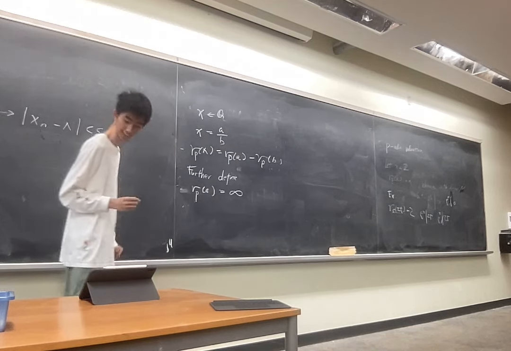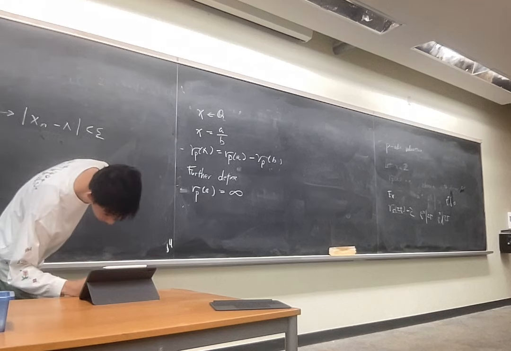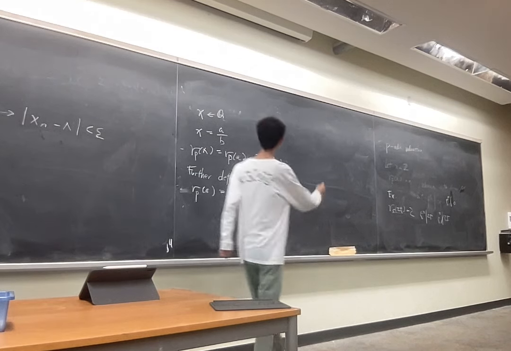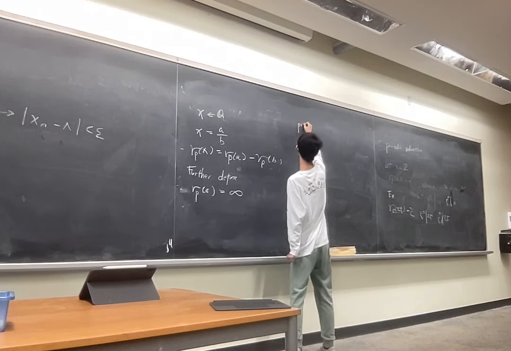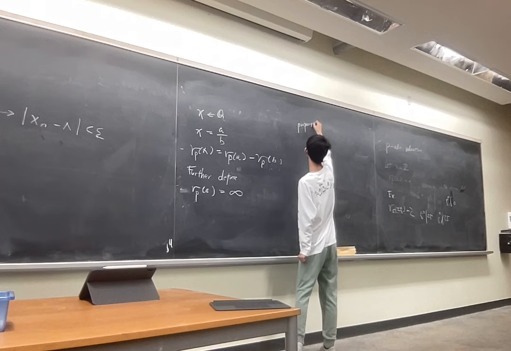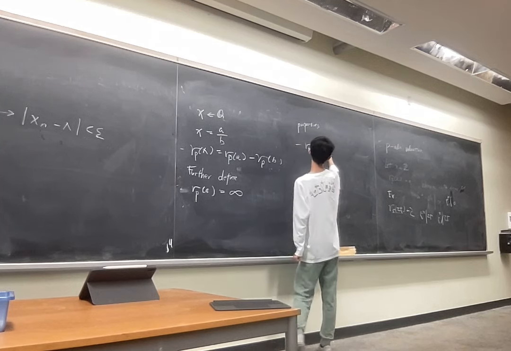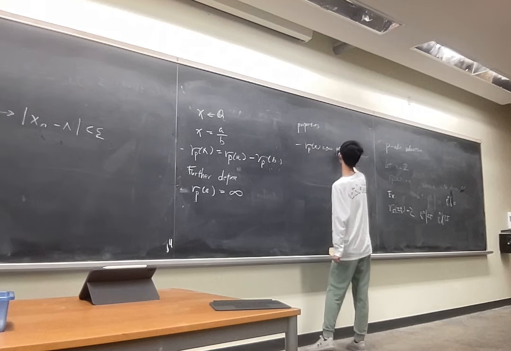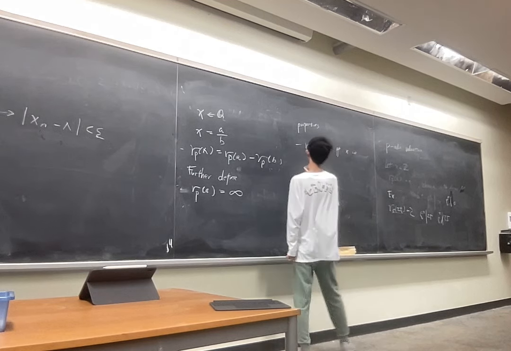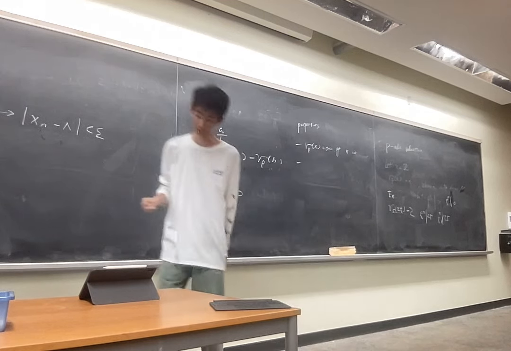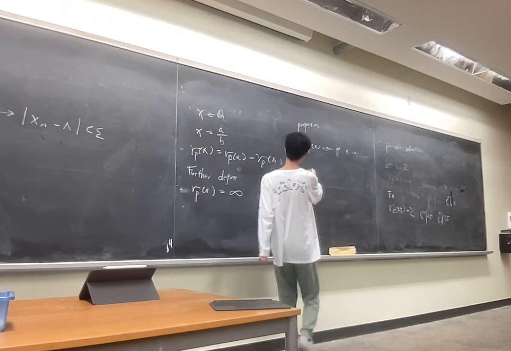And therefore, let's check some properties. I don't think I have the time to check, but I'll just list the properties. First, the p-adic valuation of x equals infinity if and only if x is 0. The second, valuation is multiplicative. I'm sorry, it's additive.